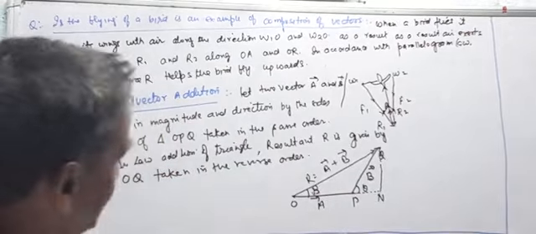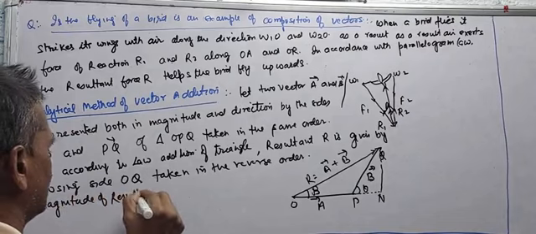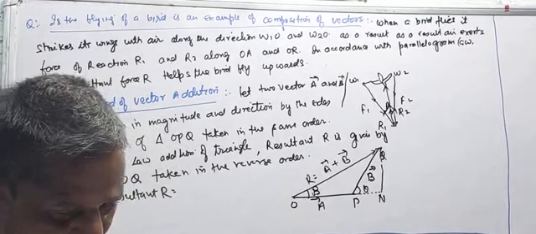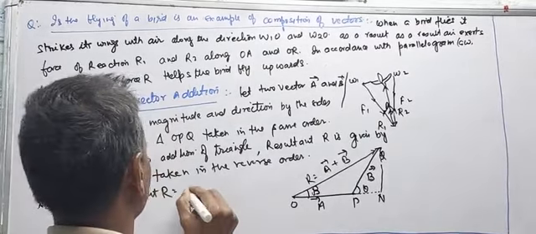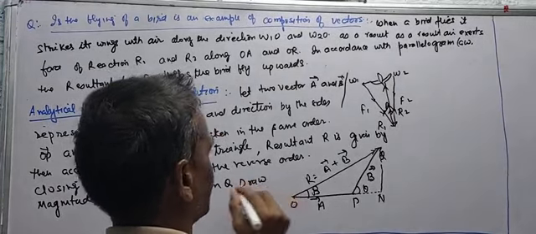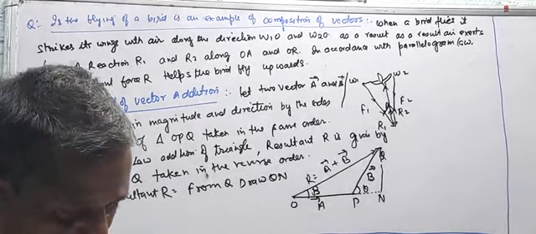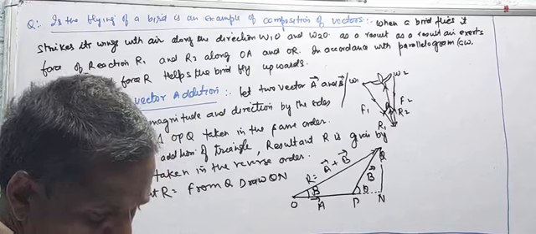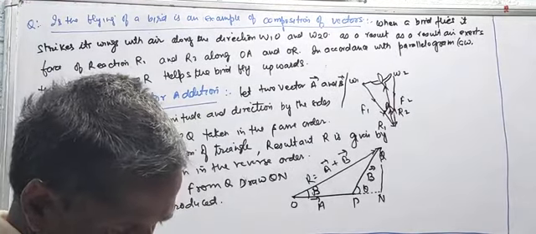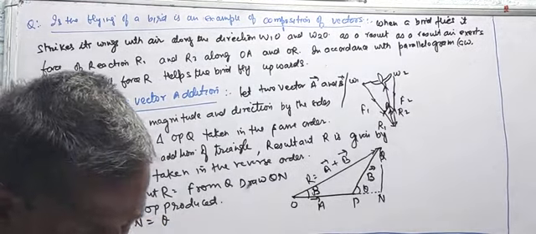Magnitude of resultant R. From Q, draw QN perpendicular to OP produced, then angle QPN equals theta.